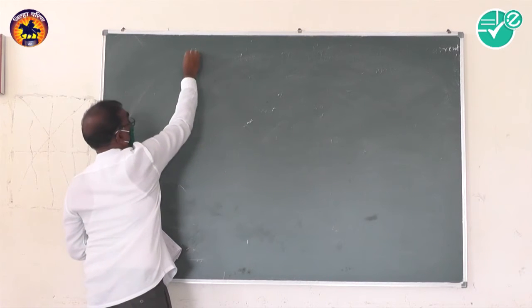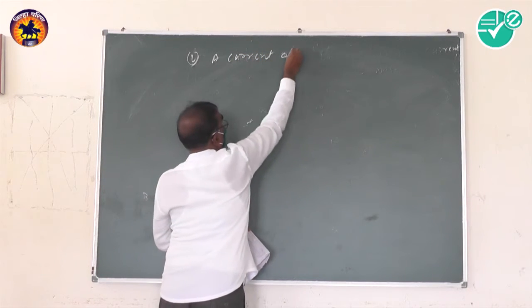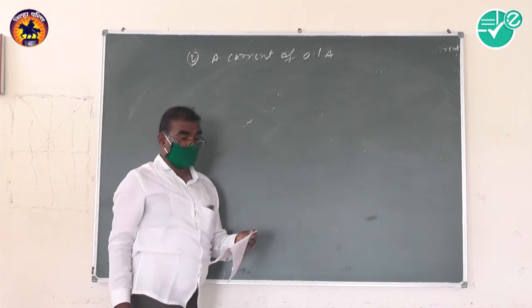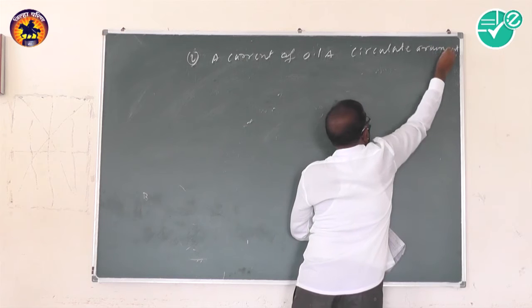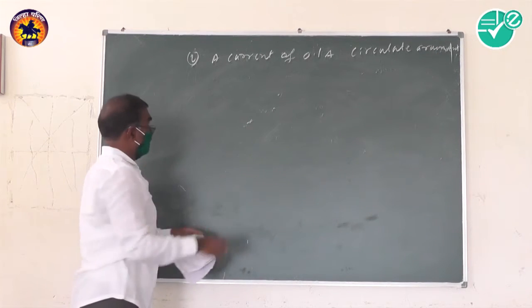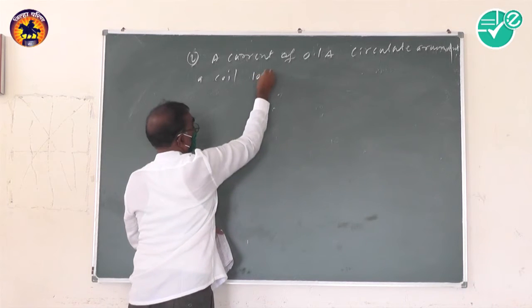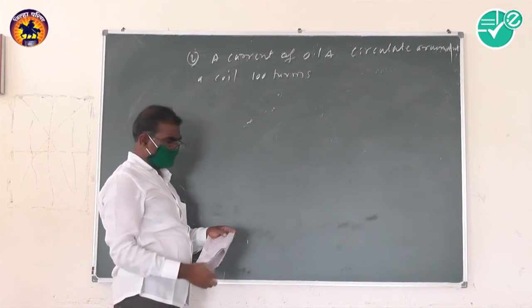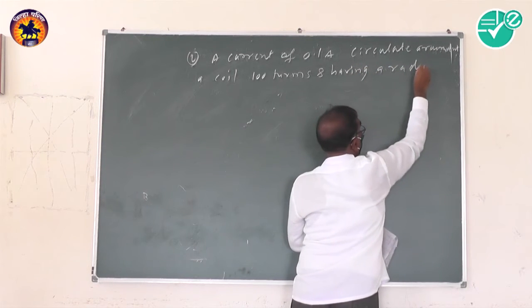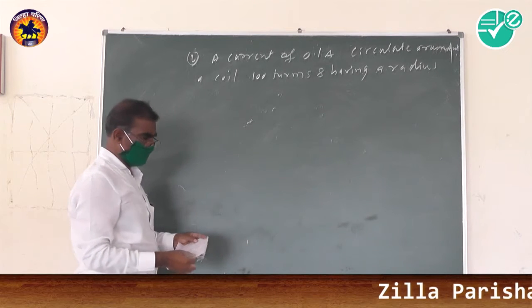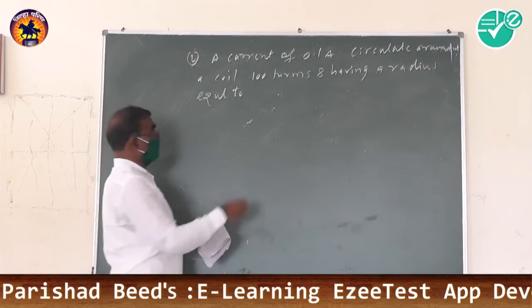The second problem: a current of 0.1 ampere circulates around a coil of 100 turns, and having a radius equal to 5 centimeter.